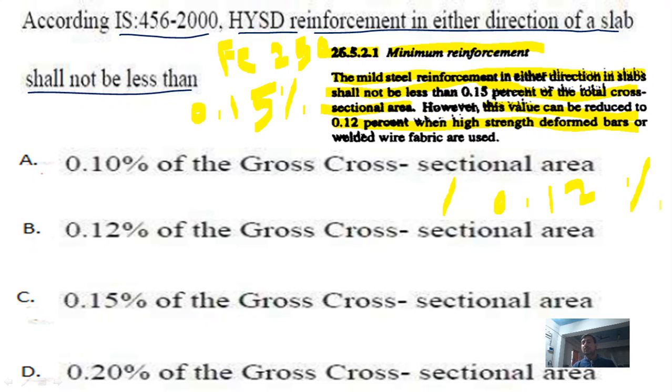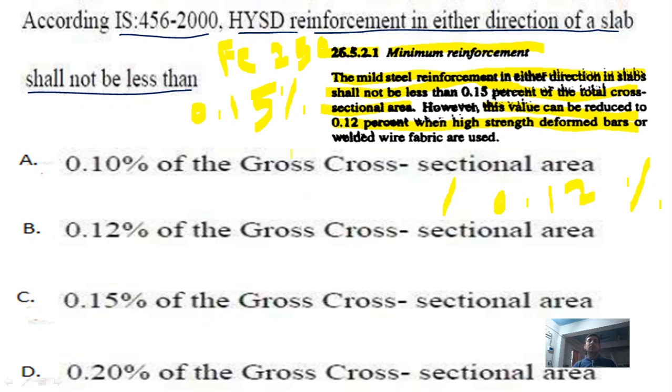So what is asked in our question? According to IS 456 2000, if you are using HYSD bar in either direction of a slab, what is the percentage of steel that should not be less than? If you see the options, A is 0.1%, 0.12%, 0.15% and 0.20%.